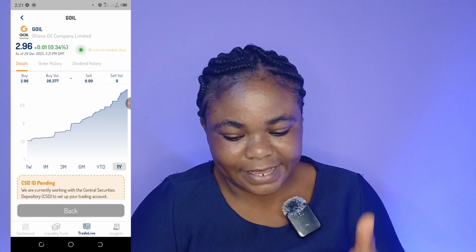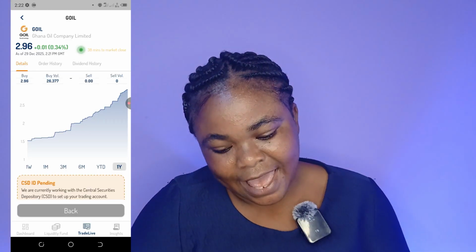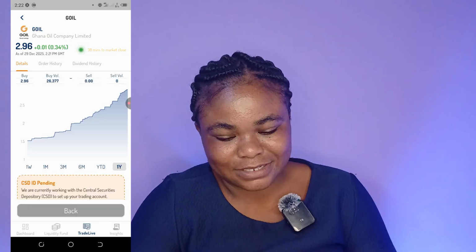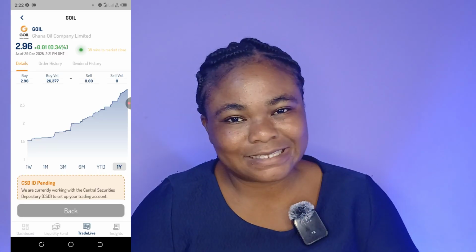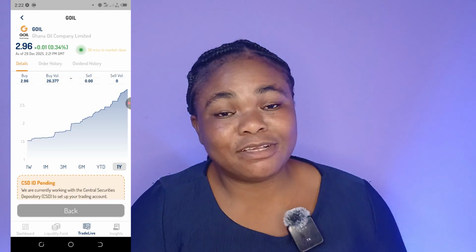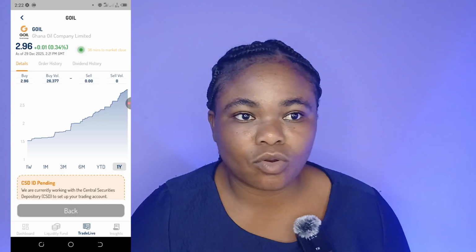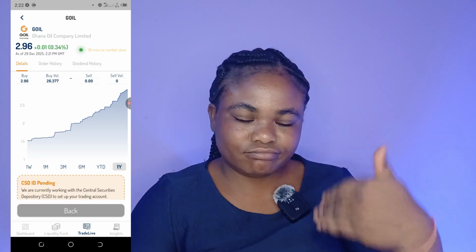Okay, so when you see the details, the buy price is 2 cedis 96 pesos and the sell price is 0.00. The 2 cedis 96 pesos doesn't mean it is the actual price of the gold stock. No, it can increase or it can reduce.